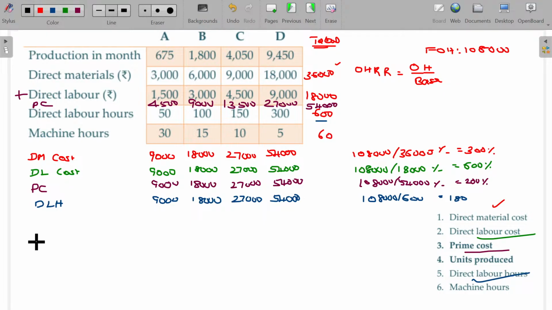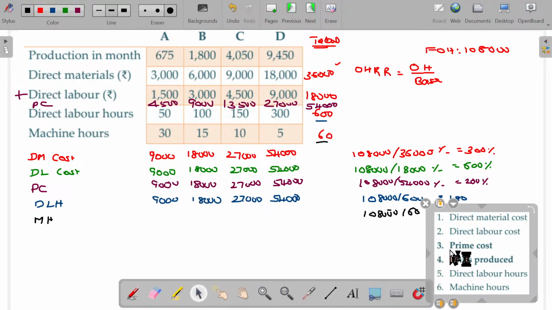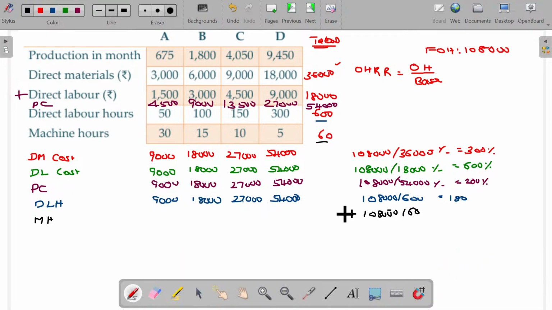Which method will I go for? Sixth one, machine hour method. Under the machine hour method, 1,08,000 divided by the total number of machine hours, being 60. Then ultimately the value is 1,800, I think, right? 1,800 rupees will be the cost per machine hour.